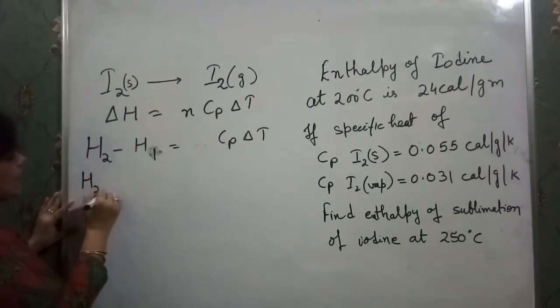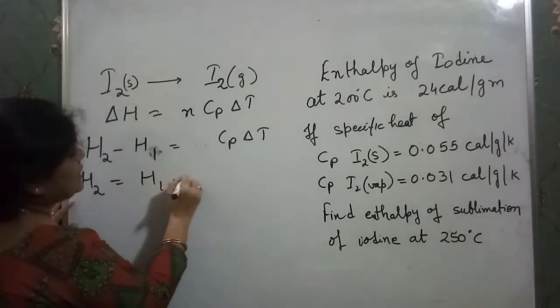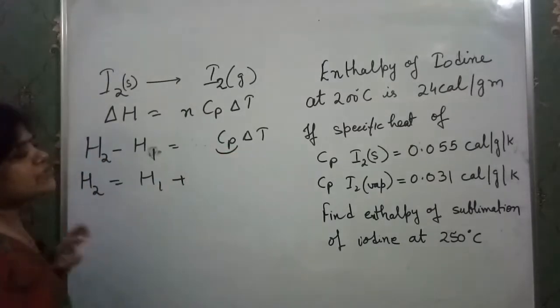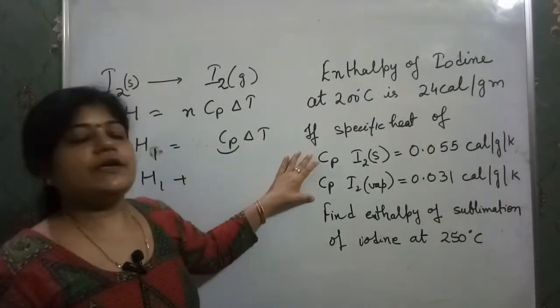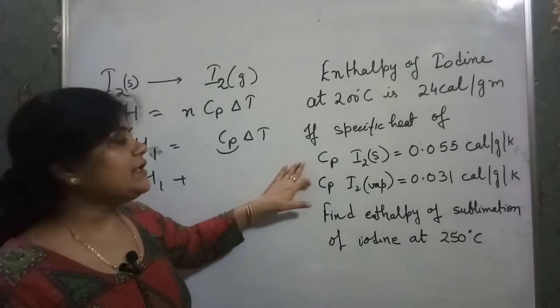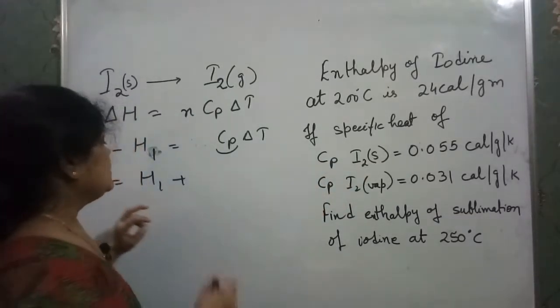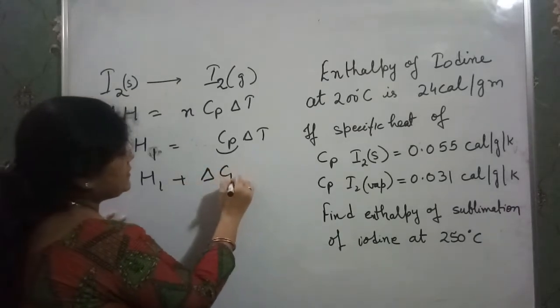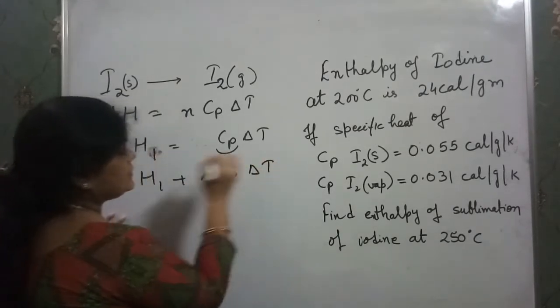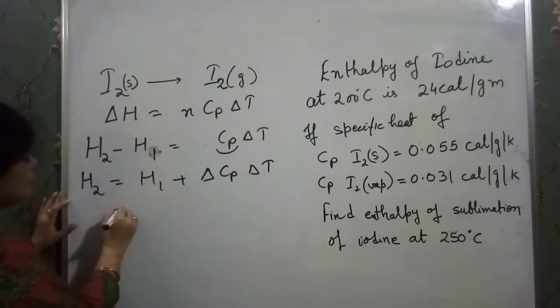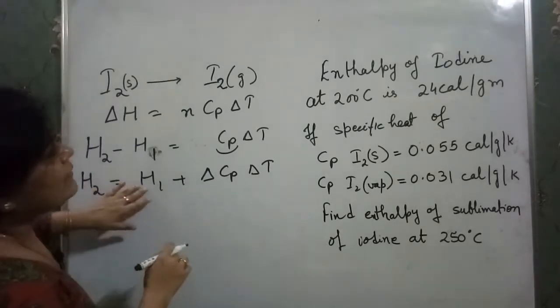So H2 becomes H1 plus delta Cp delta T. There are two specific heats: at solid state it has one specific heat and at vapor state it has a different one. So we find delta Cp and delta T.